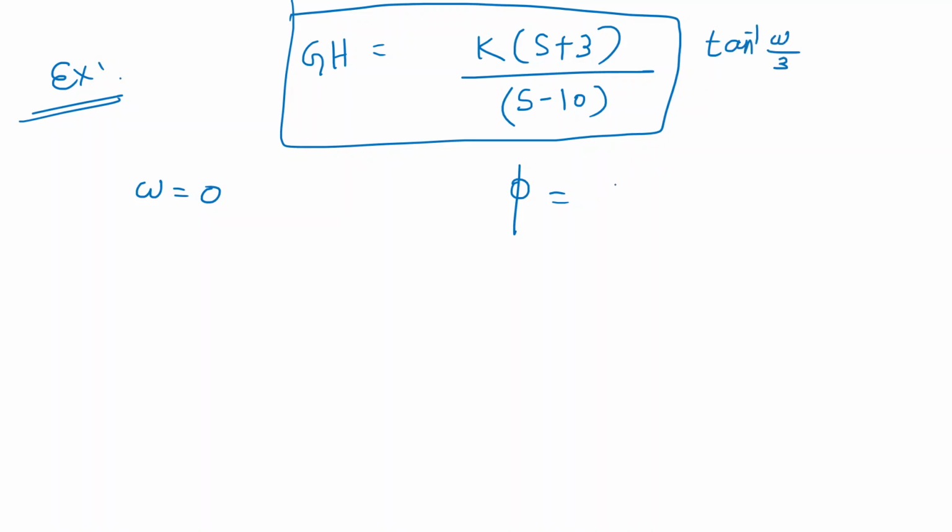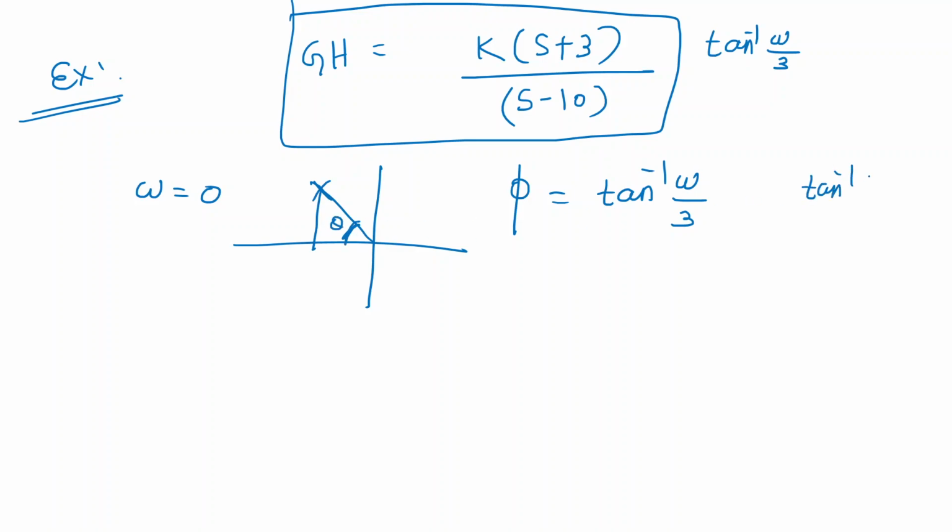Tan inverse omega by 3. For the denominator, which quadrant does it lie in? The second quadrant. But we consider this angle theta, which I can write as tan inverse omega by 10.